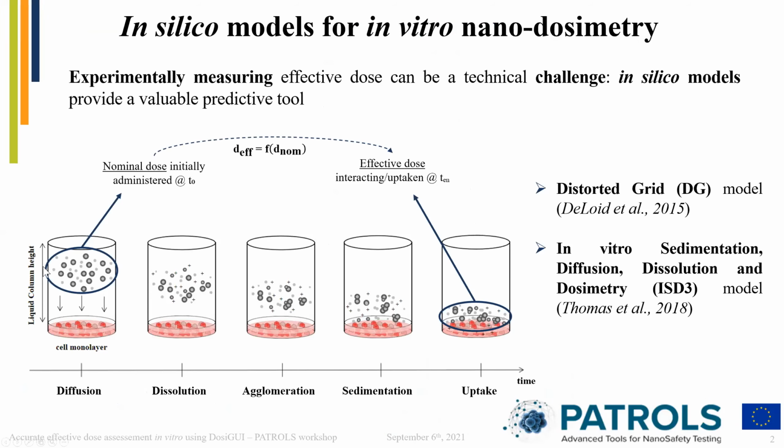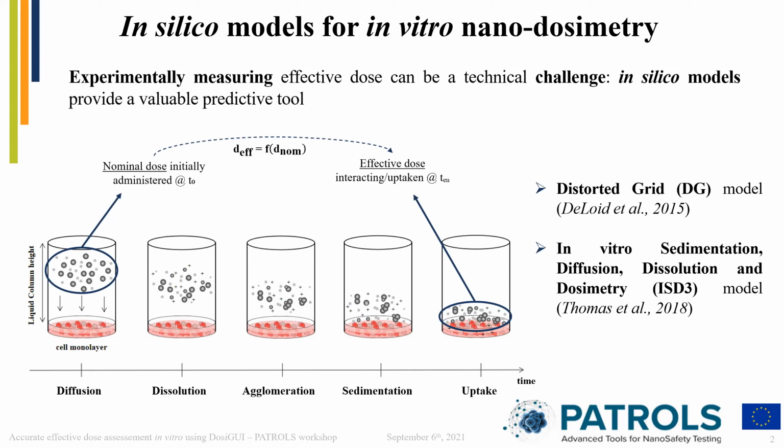The first question is, why focus on in silico models in the field of nanodosimetry? As introduced by Professor Alualia before, some technical issues are strongly limiting the capability of experimentally measuring the effective dose in vitro, since it can significantly differ from the nominal one.